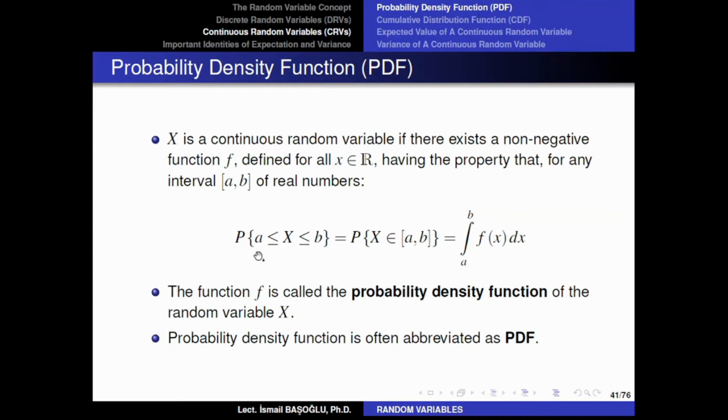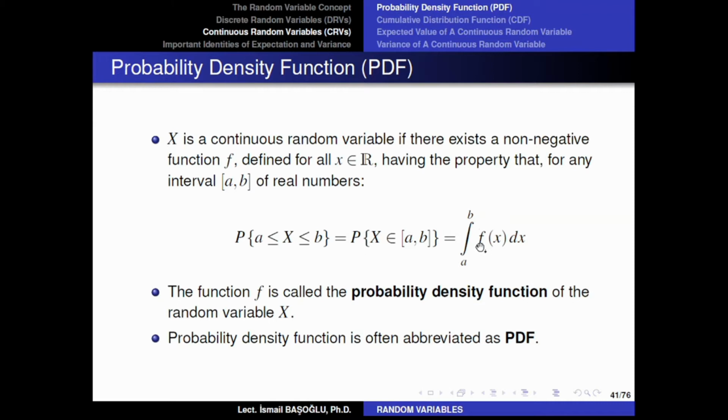For a continuous random variable, if you want to calculate the probability of that random variable being between a and b, or in other words, the probability of that continuous random variable to be within the AB interval, if it is computed by the integration of f(x) from a to b, then we call that x is a continuous random variable with probability density function f.